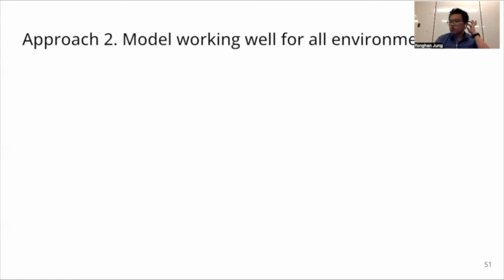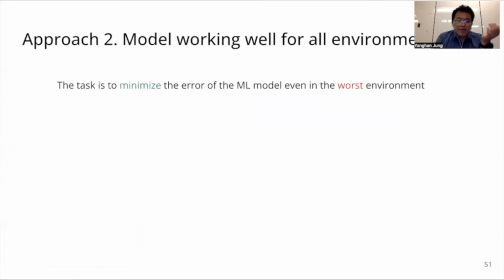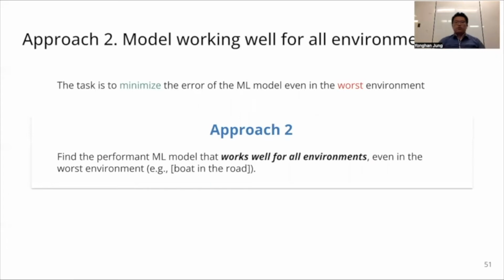Approach two says that we have to minimize the error of the machine learning model even in the worst environment. So approach two is to find the machine learning model that works well even in the worst environment.